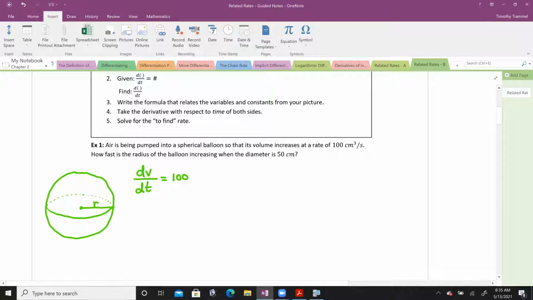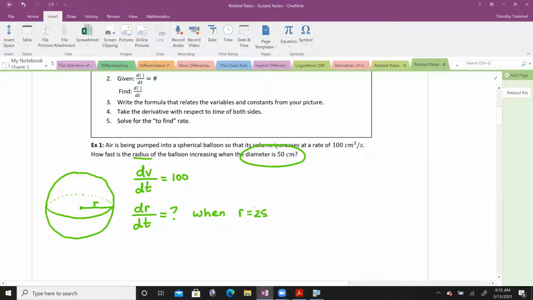How fast is the radius increasing when the diameter is 50? Okay. So we want to know what's dr/dt. Okay. And we want to know it at a specific point in time. Okay. When d equals 50, or how about we just put this in terms of the radius, when the radius is 25.